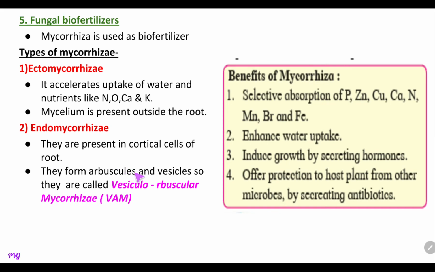They form arbuscules and vesicles, so they are called vesiculo-arbuscular mycorrhizae, commonly known as VAM. There are also benefits of mycorrhiza: selective absorption of phosphate, zinc, copper, calcium, nitrogen, manganese, boron and iron. It enhances water uptake, induces growth by secreting hormones, and offers protection to the host plant from other microbes by secreting antibiotics.